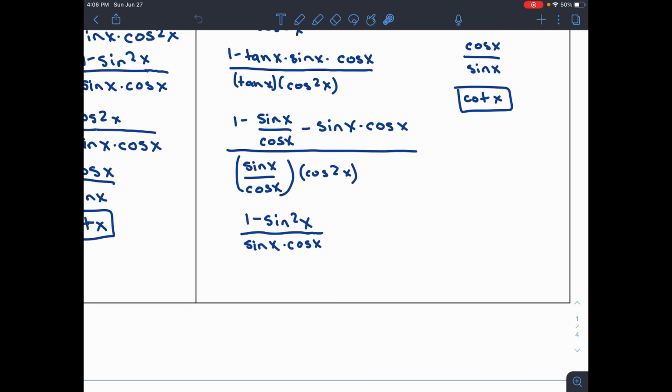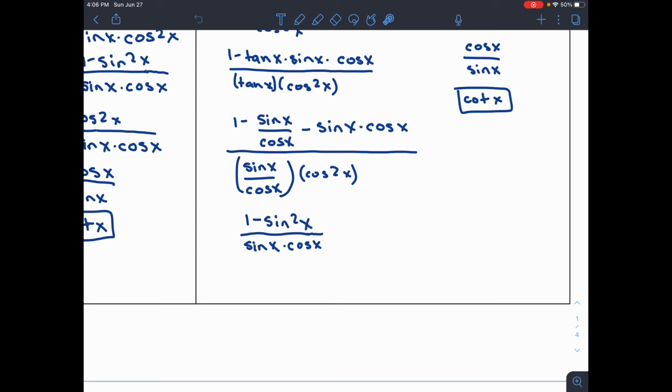Because there's a cosine here, we know that this would go away, and this would be reduced to only cosine x. So that's why the denominator is sine x times cosine x.